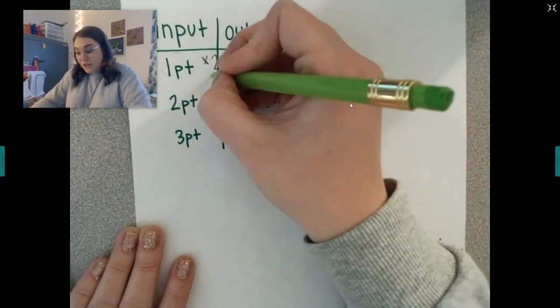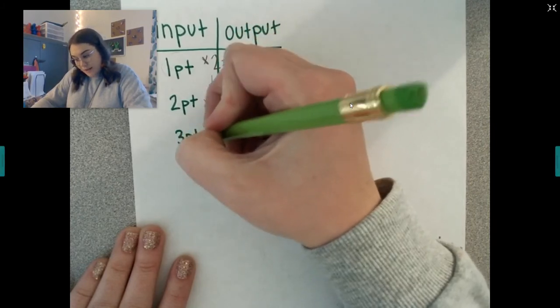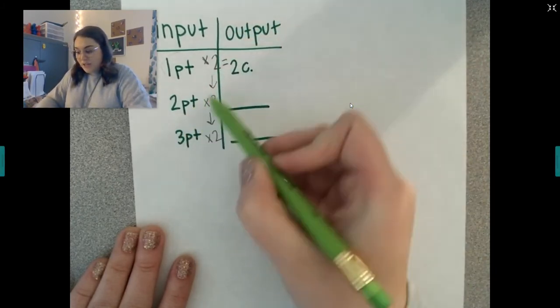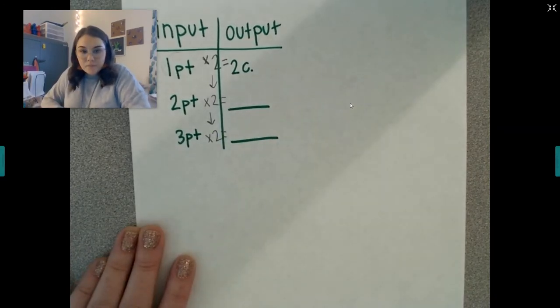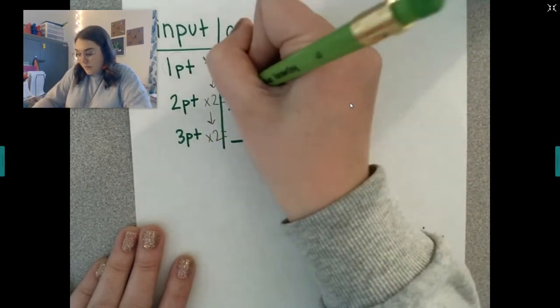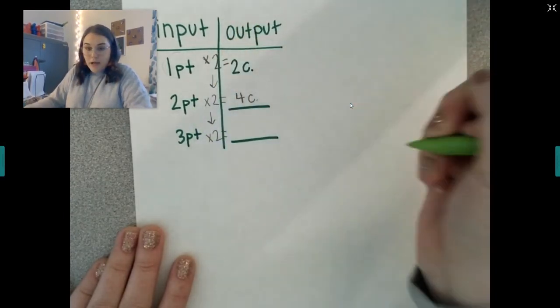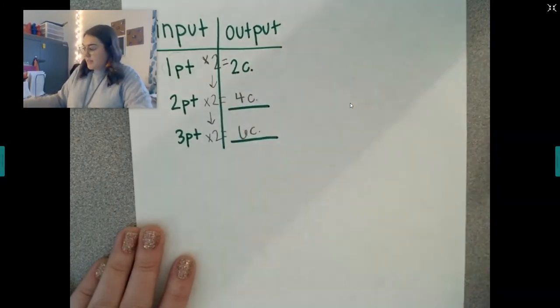So then I've just got to do that rule to this one and to this one. So go ahead and solve those for me. I hope that you got 2 pints is 4 cups and 3 pints is 6 cups.